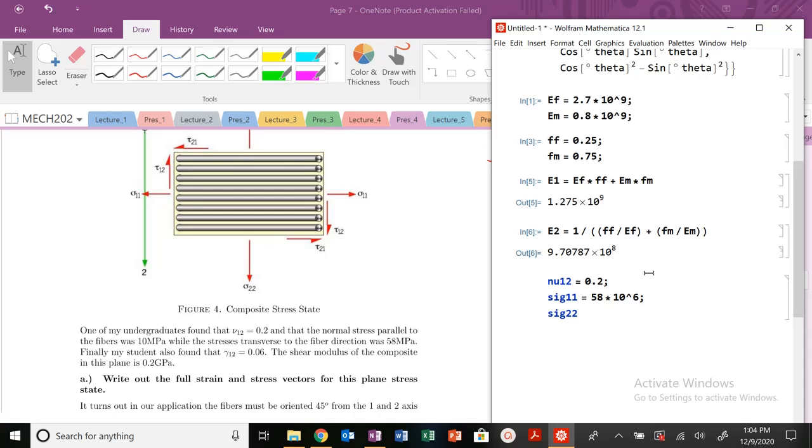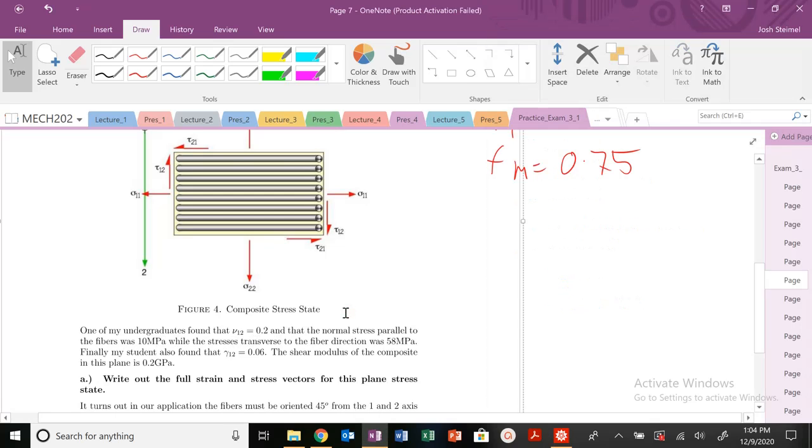And sigma 2,2: the stress transverse to the fiber direction was 10 megapascals, so 10 times 10 to the 6. Right here, the normal stress parallel to the fibers was 58, while the stress transverse to the fiber direction was 10.